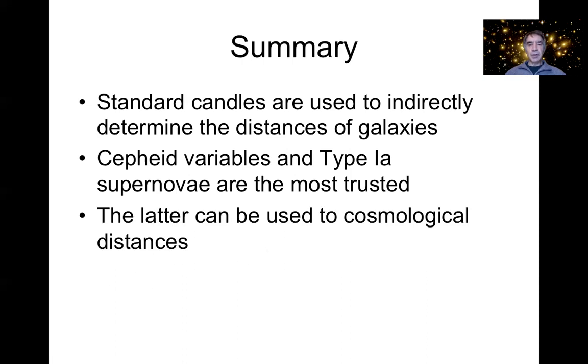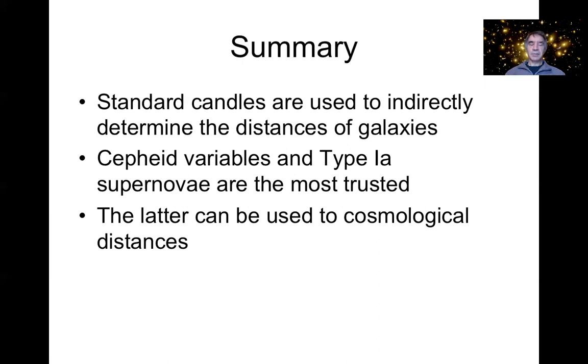It's the type 1As that take us out to cosmological distances, and that has unlocked a whole load of incredible discoveries. Obviously the fact that the universe is dominated by dark matter, but it was the monitoring and studying of type 1A supernovae to cosmological distances that discovered the idea of dark energy, which I'm sure you might have read about as well.